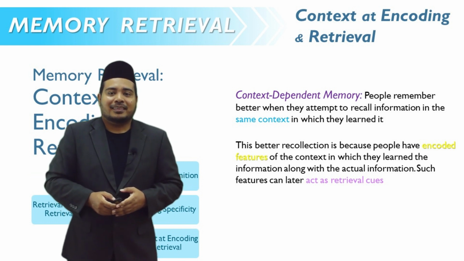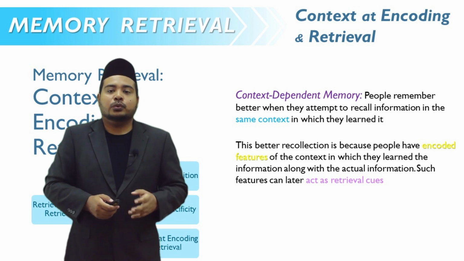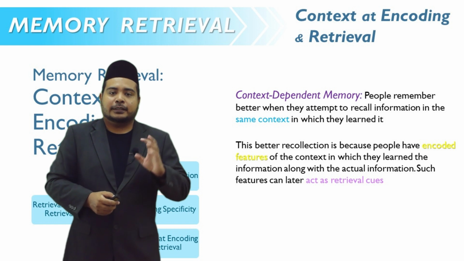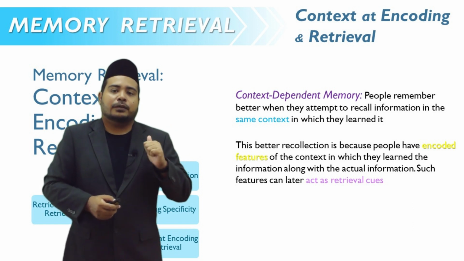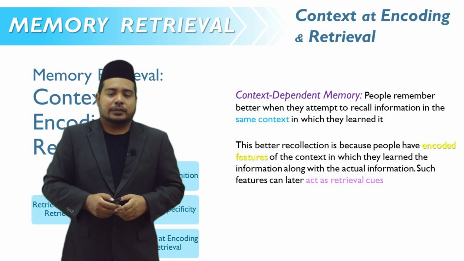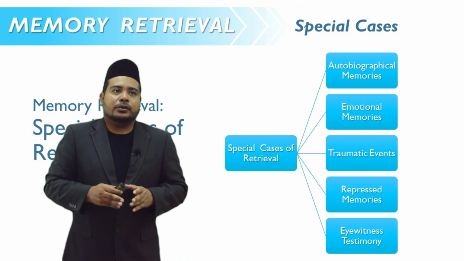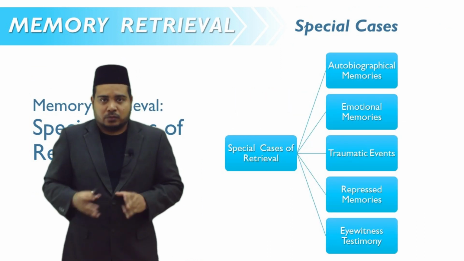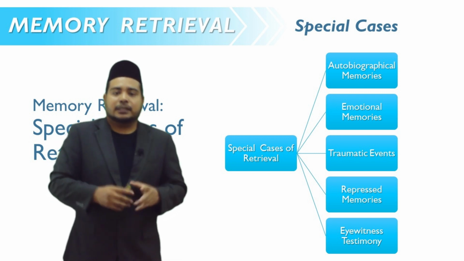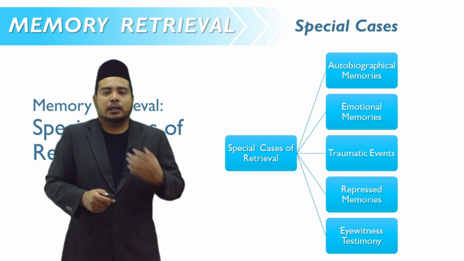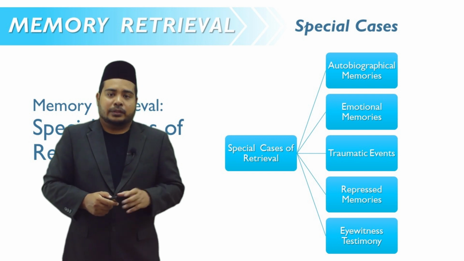So those are the first two aspects of recalling in memory retrieval: serial position effects, and retrieval cues and retrieval tasks. Under this subtopic, there are also special cases in which cognitive psychologists and psychologists are interested, which cover a lot of related issues under memory retrieval.